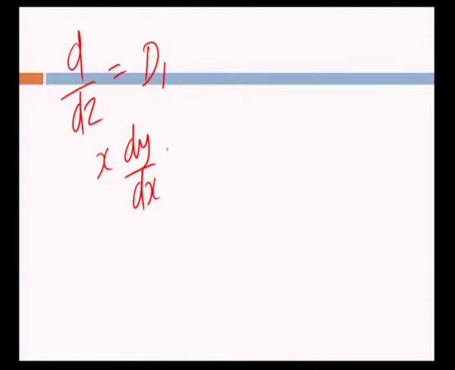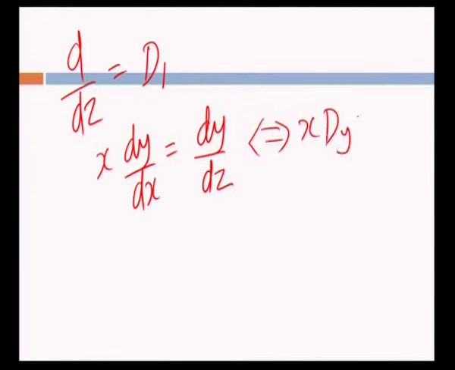Now, define this d by dz as a new operator, D1. dy by dz is equal to D1 y. So, we get x dy by dx is equal to dy by dz, because dy by dx is nothing but 1 by x into dy by dz, which is equal to x dy, which is equal to D1 y.